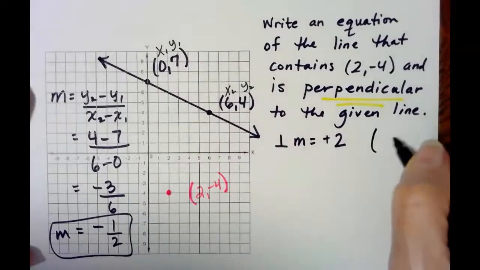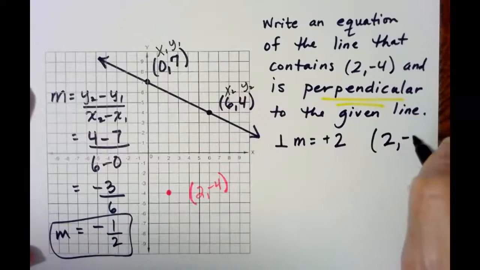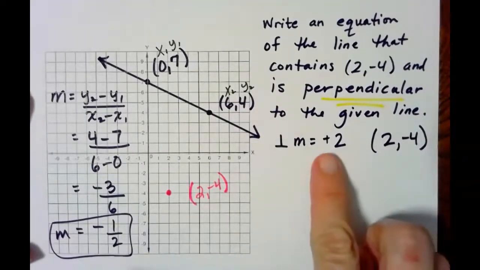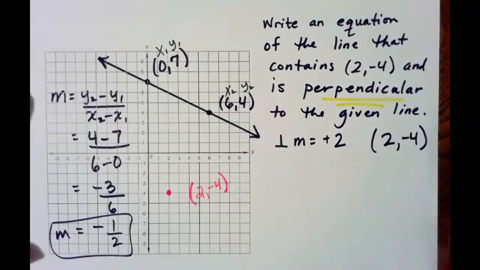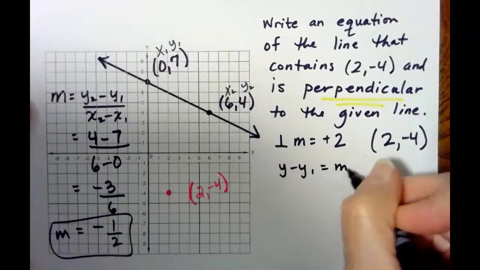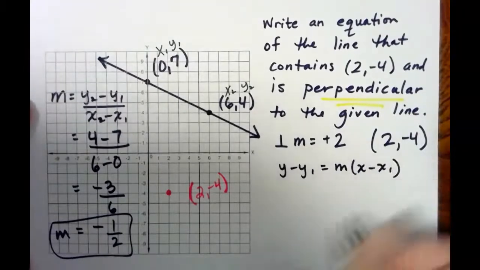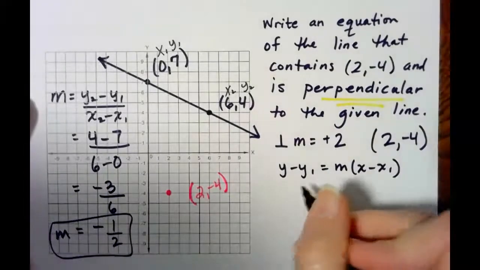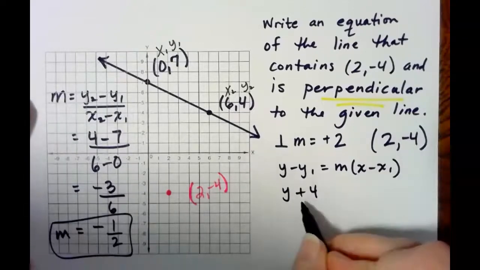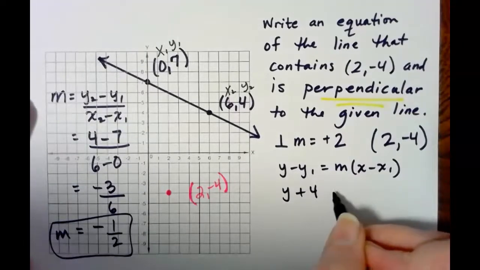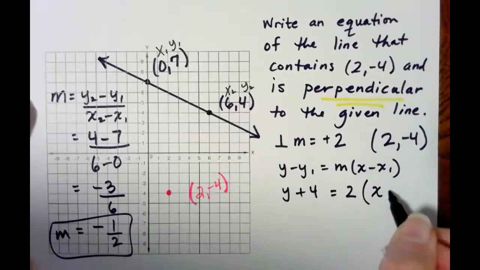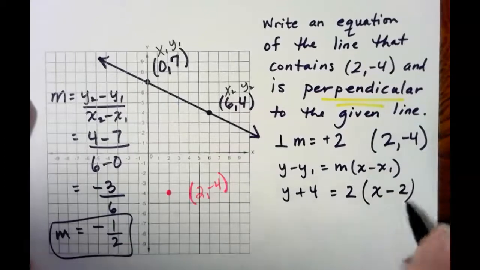And our new line is going to pass through (2, -4). So we know a point and we know the slope. We're going to plug it into the point-slope form: y minus y1 equals m times x minus x1. Let's plug it in. y minus negative 4, minus a negative becomes plus a positive, equals our new slope, which is 2, times x minus x1, which is 2.